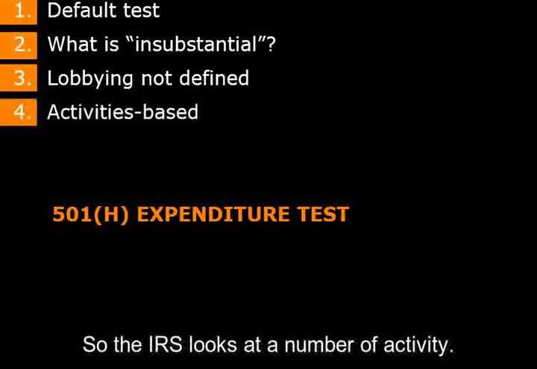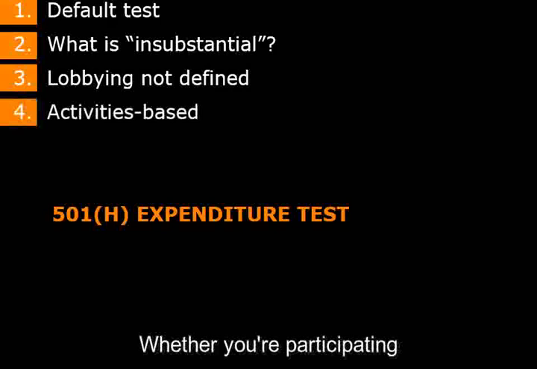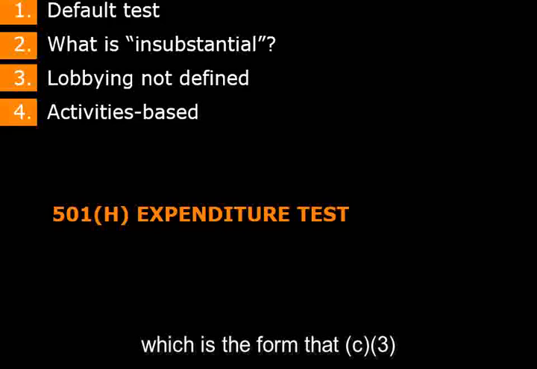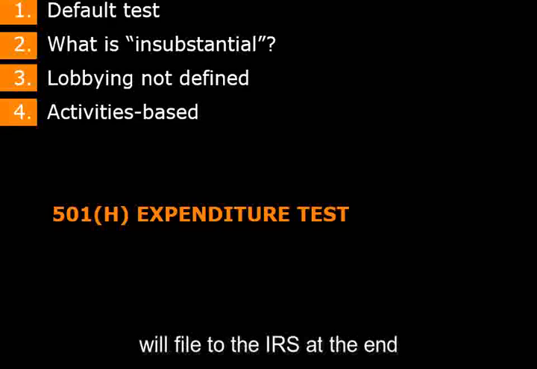So the IRS looks at a number of activities, whether you're participating in rallies around legislation or ballot measure advocacy. There is a list of activities on the Form 990, which is the form that C3s file with the IRS at the end of the fiscal year.